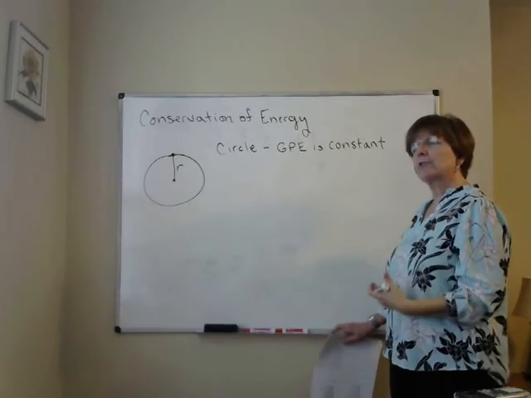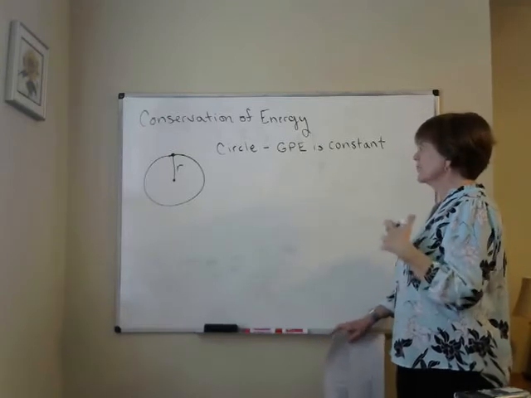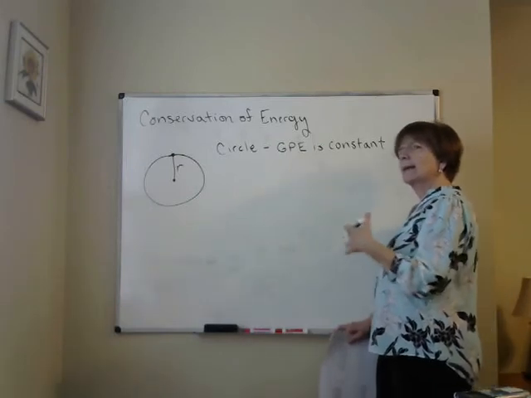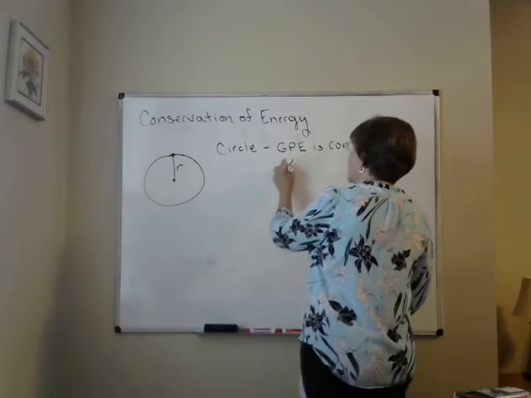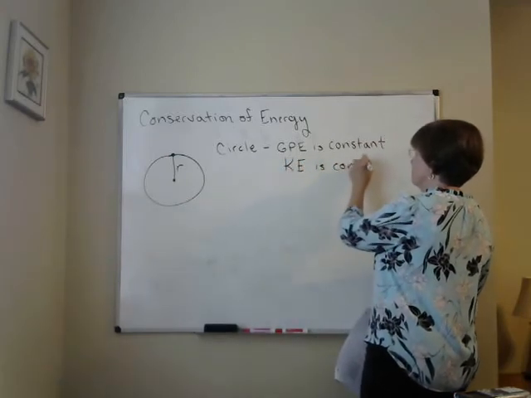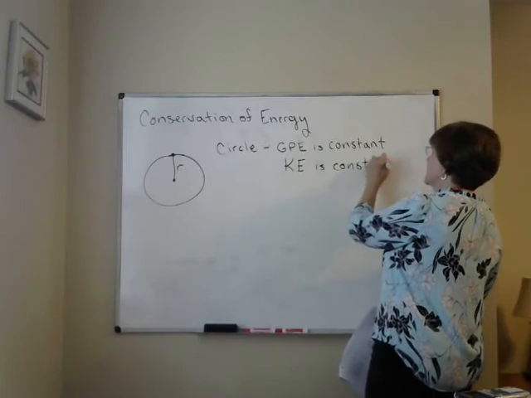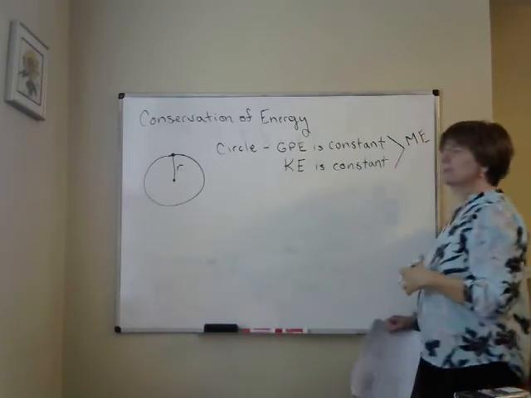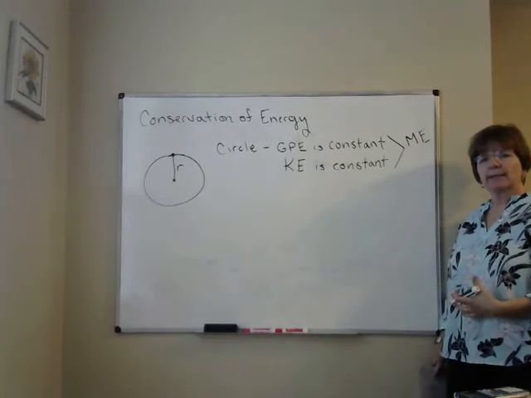If you're in a circular orbit and move at a constant speed, your gravitational potential energy is constant. If you're going at a constant speed, your kinetic energy is constant. Of course, those things put together means that your mechanical energy is constant, which is exactly what we expect.